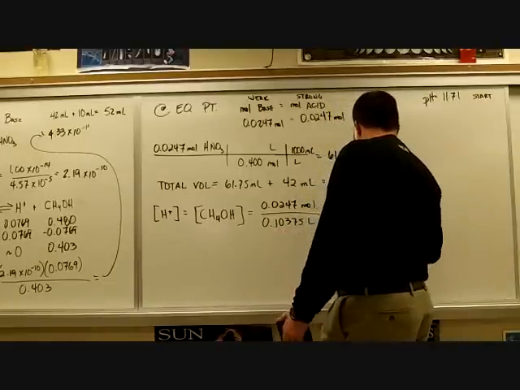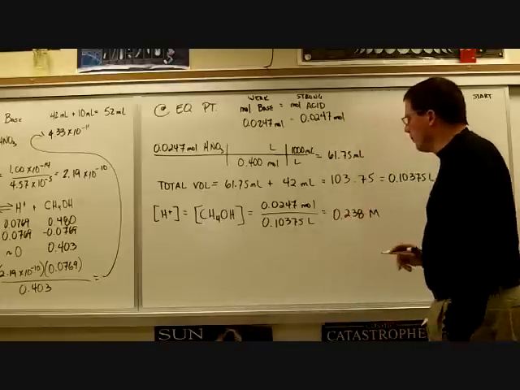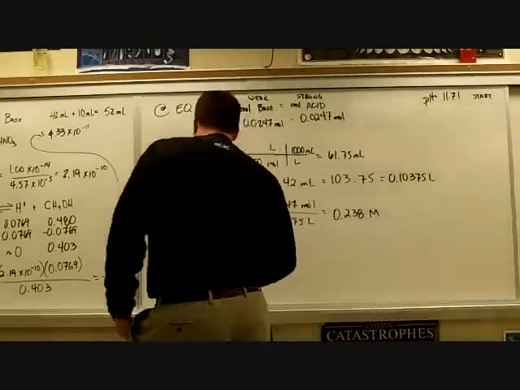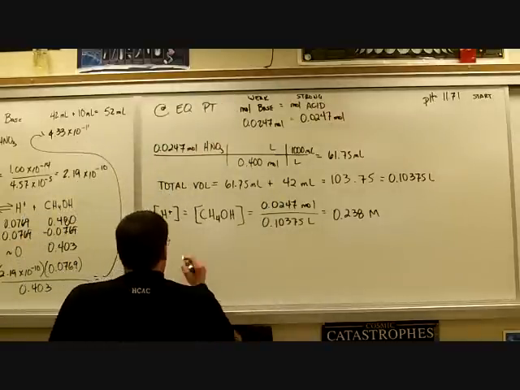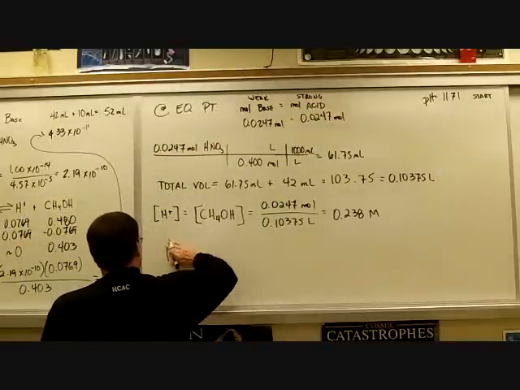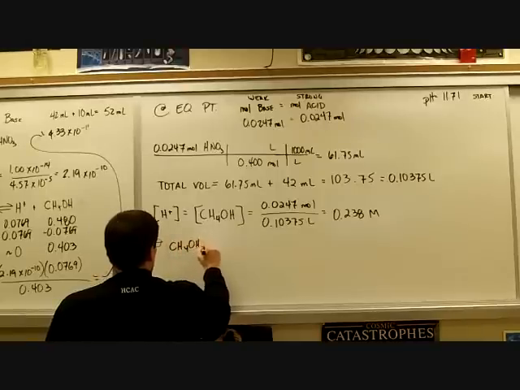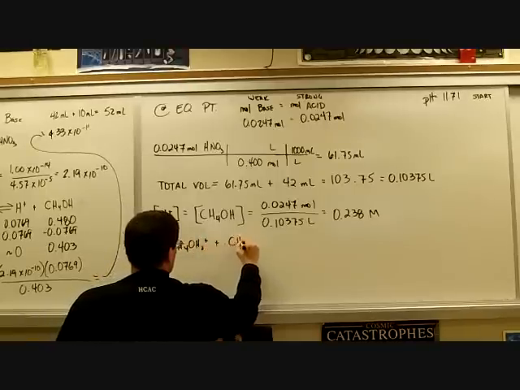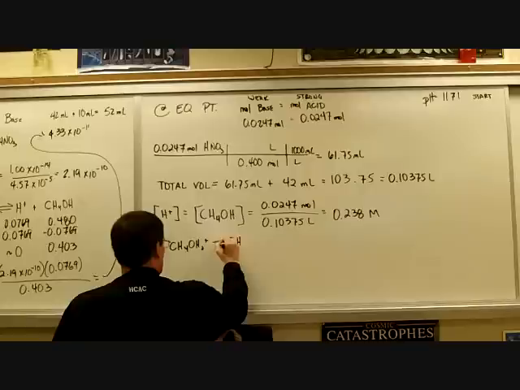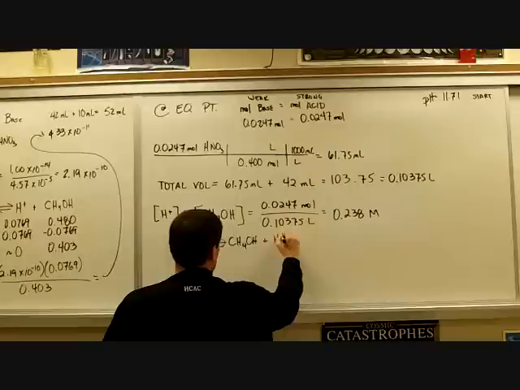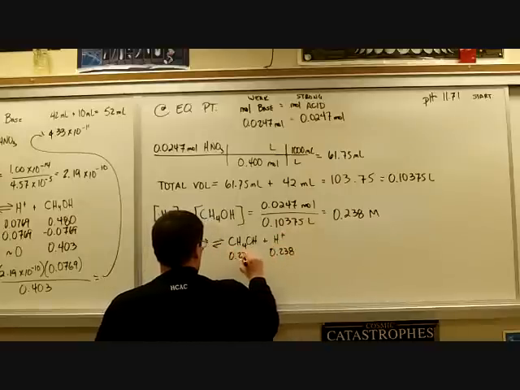So 0.238. Is that right? Okay. So we've got our concentration for our strong acid and our weak base. Plug it back into the ICE chart that we had. So 0.238, 0.238.